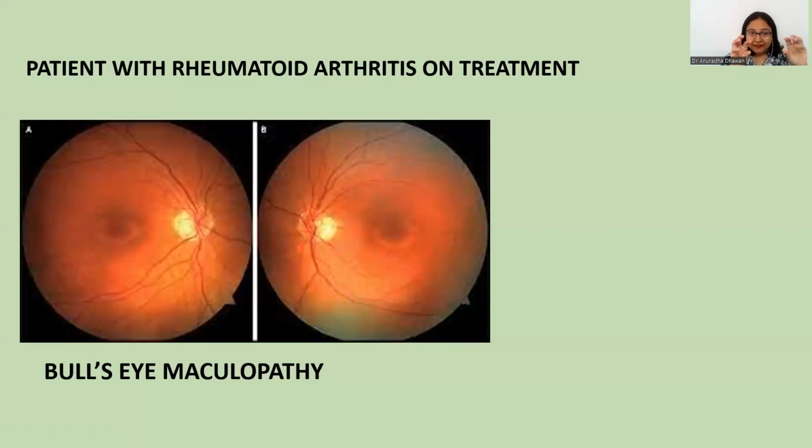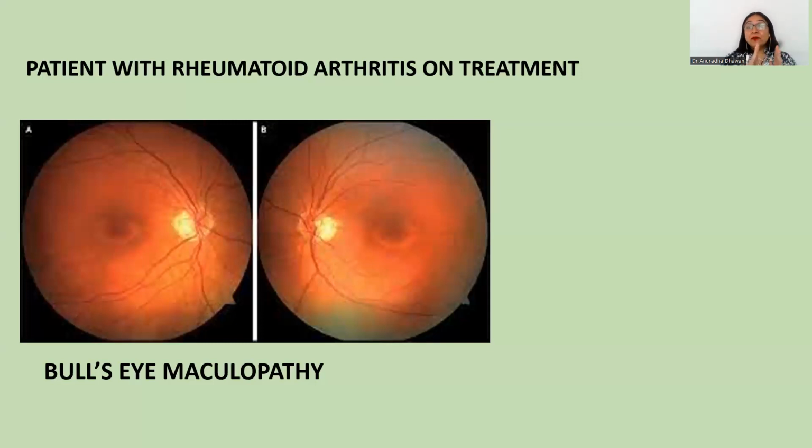So if right in the macula you see a bullseye-like appearance, that is bullseye maculopathy, one of the common reasons for which is chloroquine toxicity. A patient of rheumatoid arthritis can often be on long-term chloroquine or hydroxychloroquine, and you can get this kind of picture. So this is again an important fundus image to be remembered for the exam.